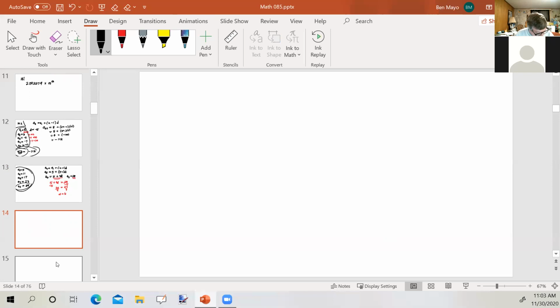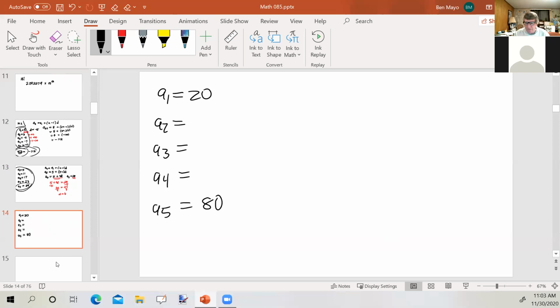So our first term is 20, then we've got 3 arithmetic means in the middle, and our 5th term is 80. One at both ends plus 3 in the middle is a total of 5. Now the problem is basically like the last problem.